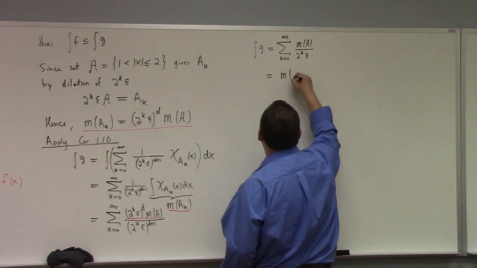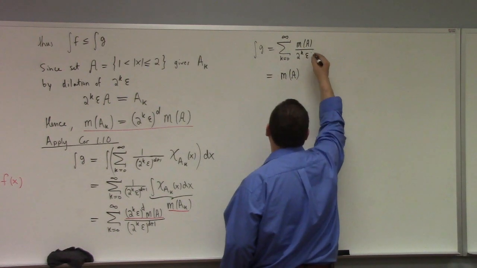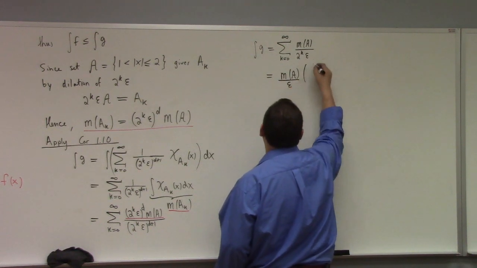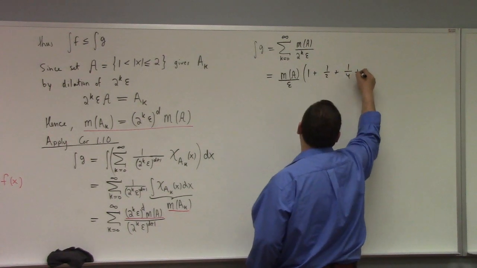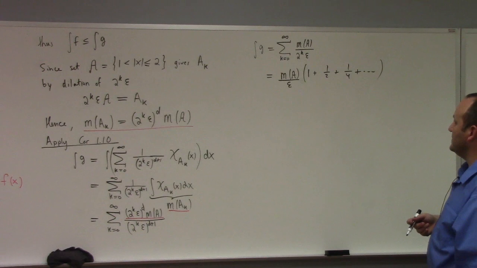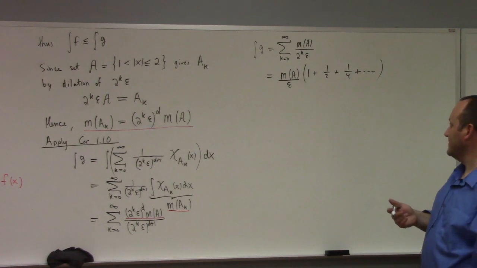So we pull out this fixed but positive constant, and then you've got what? We can pull out the epsilon, right? But then you're looking at 1 plus a half plus a fourth, right? Which is otherwise known as 2? Yeah.